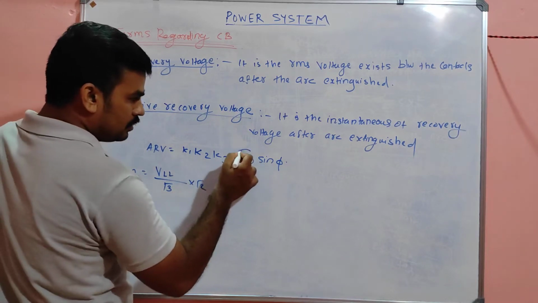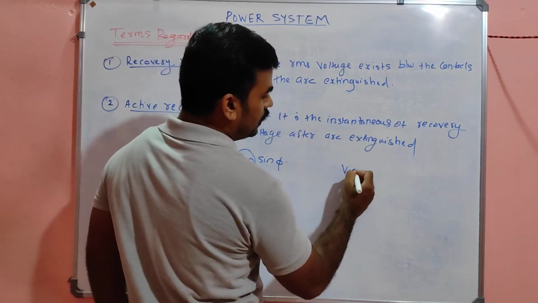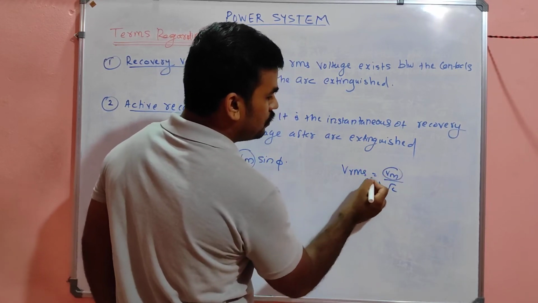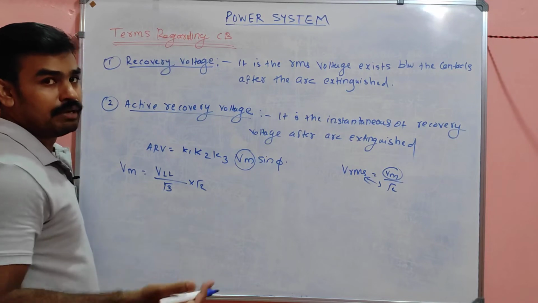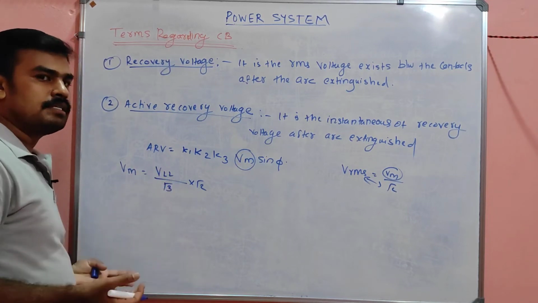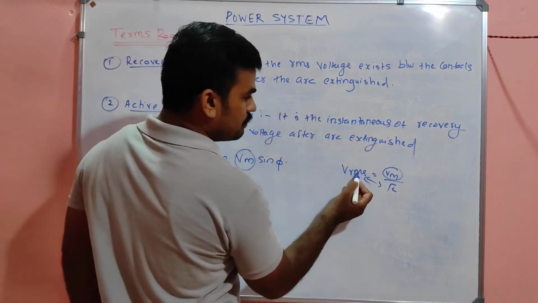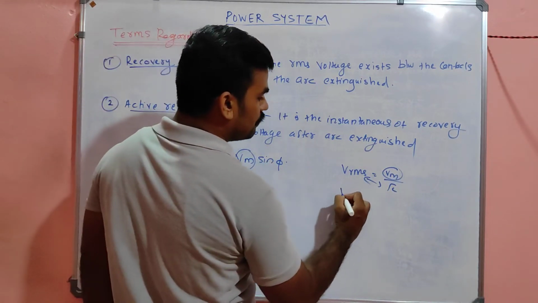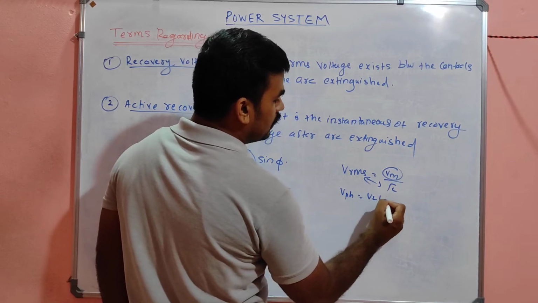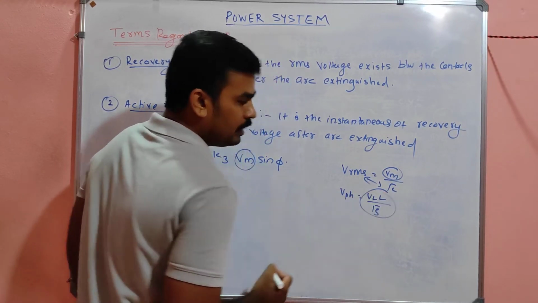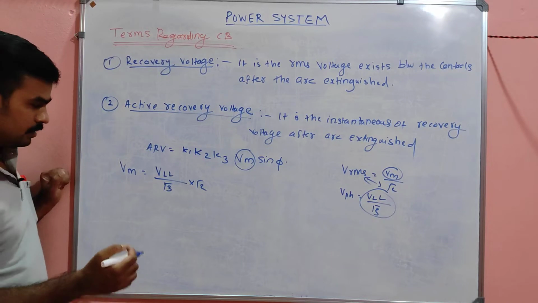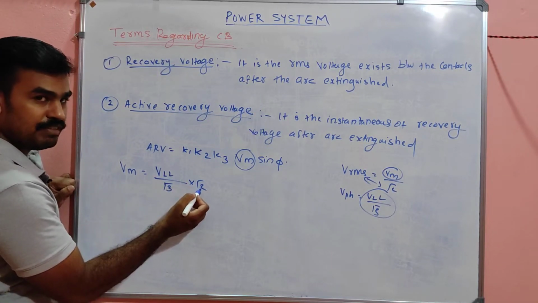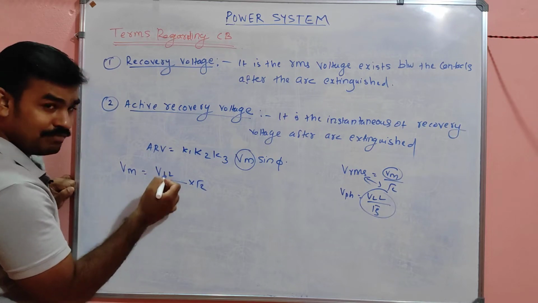Because, my dear, we have the basic equation Vrms equal to Vm by root 2. So Vm will be Vrms into root 2. The line to line voltage is the RMS value of voltage. If it is a star connected system, the phase voltage is nothing but line voltage by root 3. Combined together, Vm is equal to V phase into root 2.